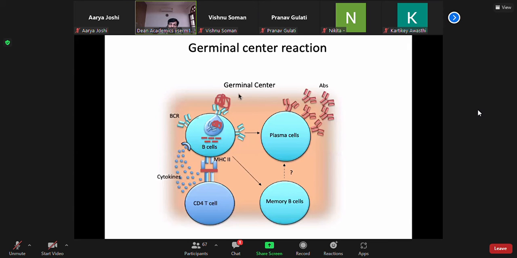This has nothing to do with the germinal cells in the reproductive tract. So this is for the activation of your B cells. This is a location in secondary lymphoid organs, which is responsible for making or activating these antibody producing cells. All right.